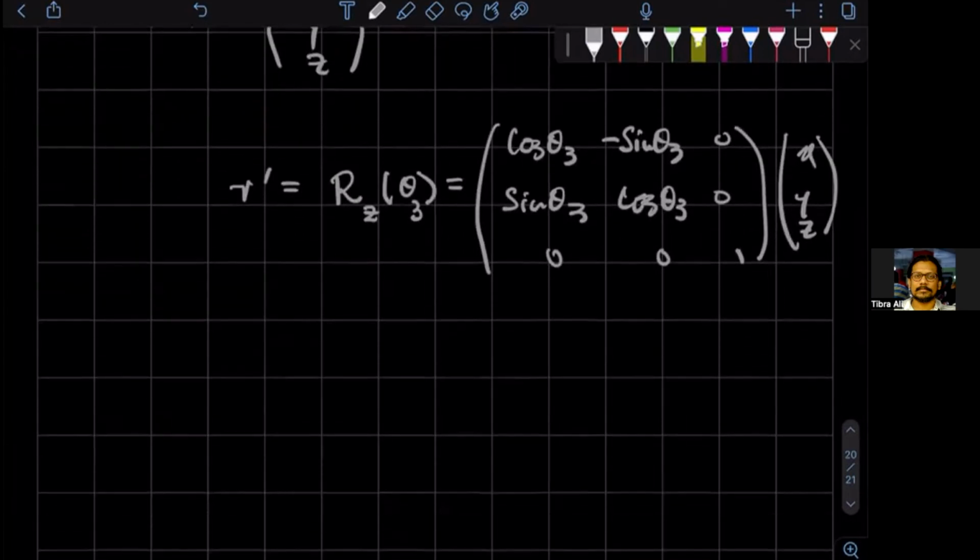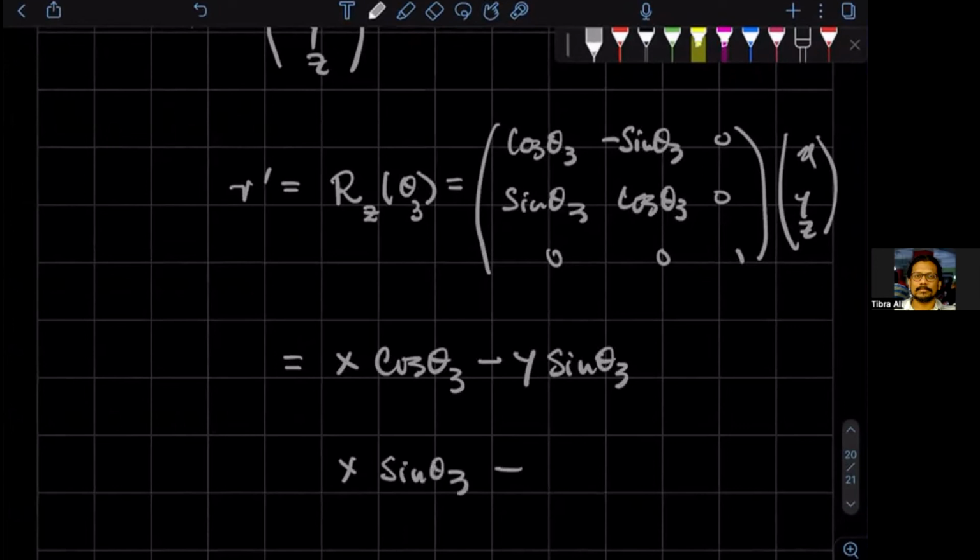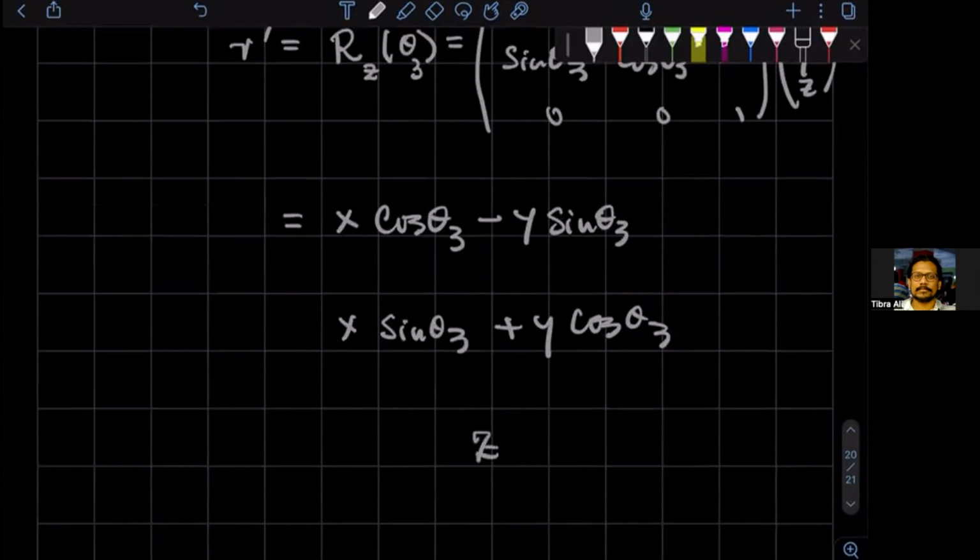So the x component and the y component get mixed up, right? The first becomes x cosine theta 3 minus y sine theta 3, and the second component becomes x sine theta 3 plus y cosine theta 3. And the z component, nothing happens to it. So this is r prime.